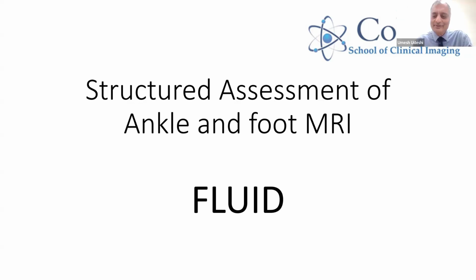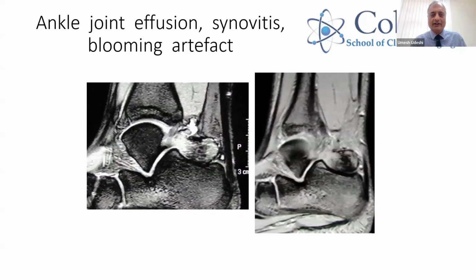Okay. So carrying on with ankle and foot and fluids. We look at where there might be some fluid. Is it normal? Is it abnormal? I've got a couple of examples here where there's a great bulge out here at the back on sagittal images.